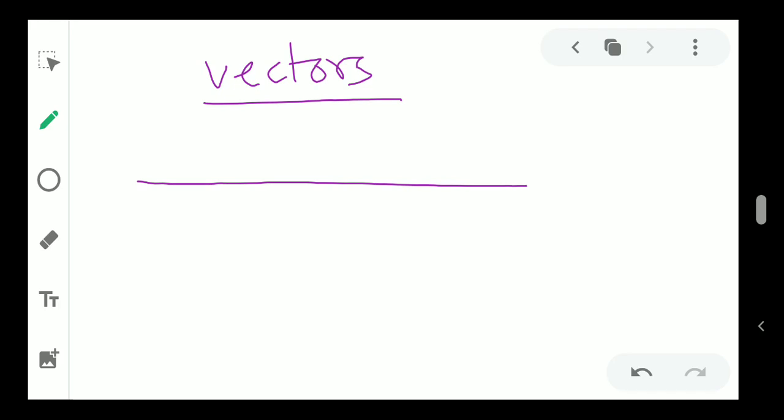Collinear vector means two vectors, like two forces, are working in the same line. They are called collinear vectors. Like 5 and 6, what I was telling. If two vectors are working in a single line, their resultant, that means the total of their effect, will just add up, like 5 and 6 will be 11.